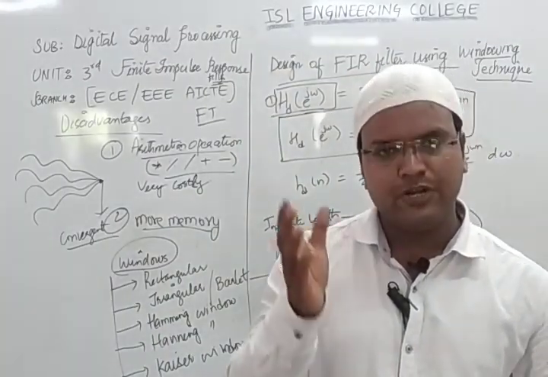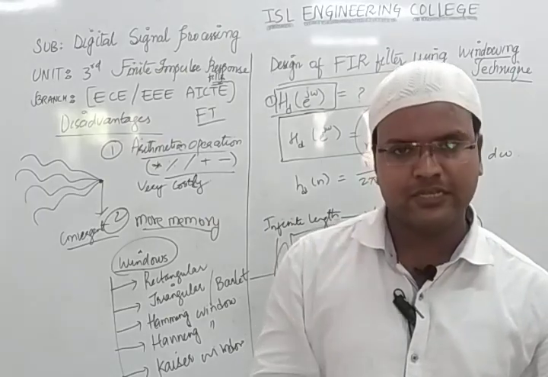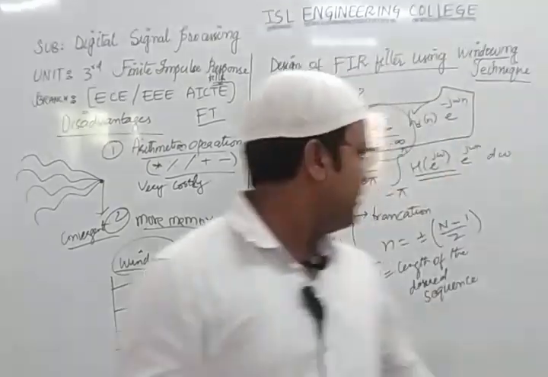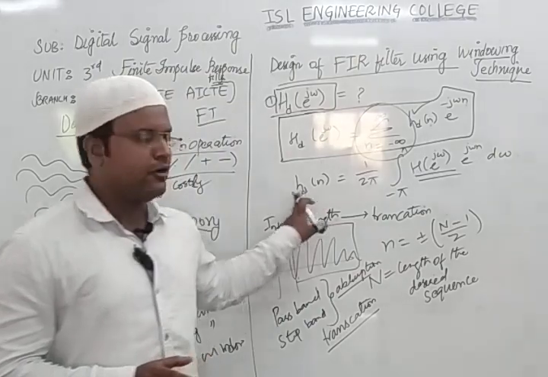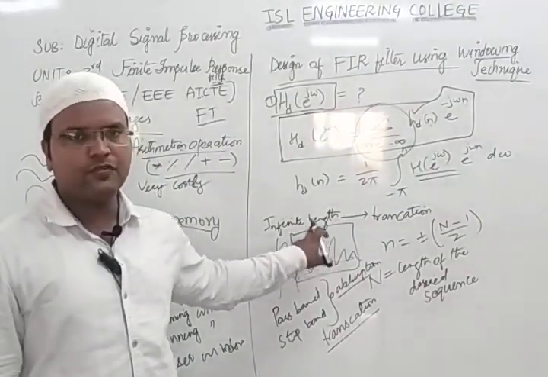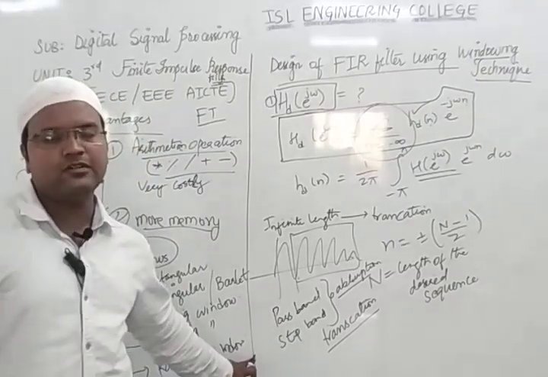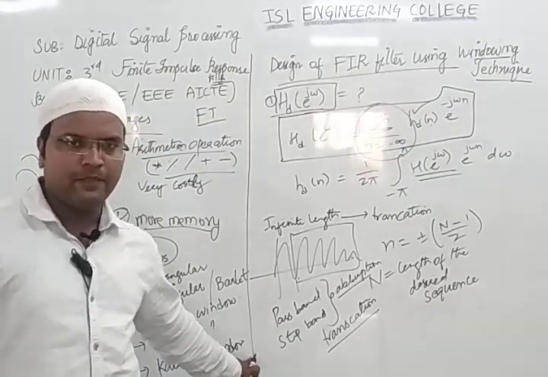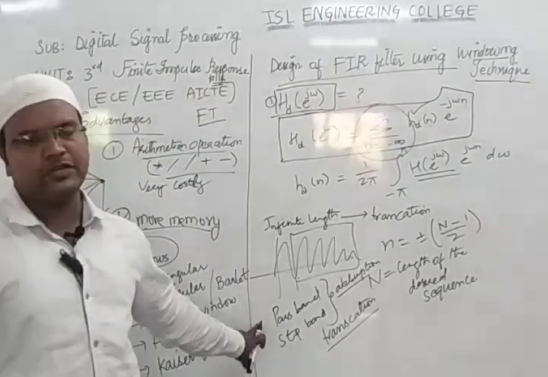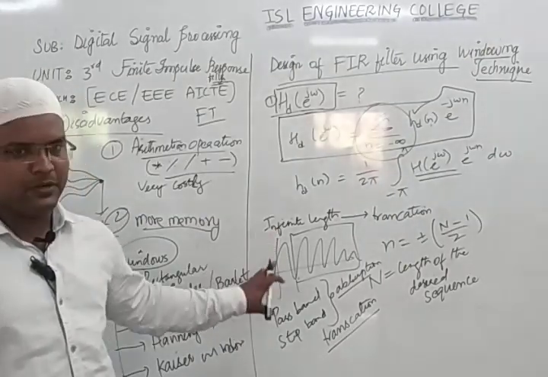Whenever we want to truncate the signal in FIR filtering, because it's infinite length, if we want to make it a finite one, we may get oscillation in the pass band and oscillation in the stop band. So we cannot change that particular sequence abruptly.